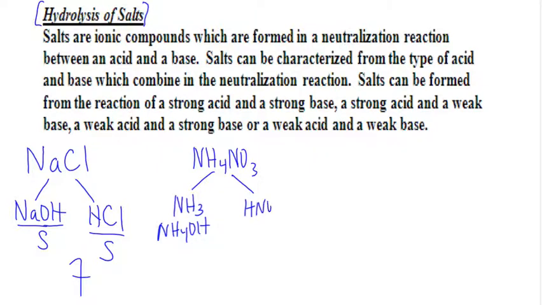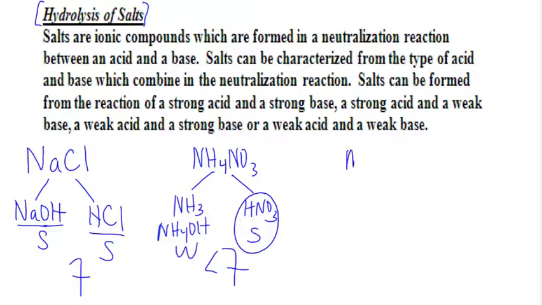Nitric acid. So classify this base: weak. Classify the acid: strong. So what is the range of the pH? Yeah, it's going to be acidic, less than 7, because the strong parent basically wins.